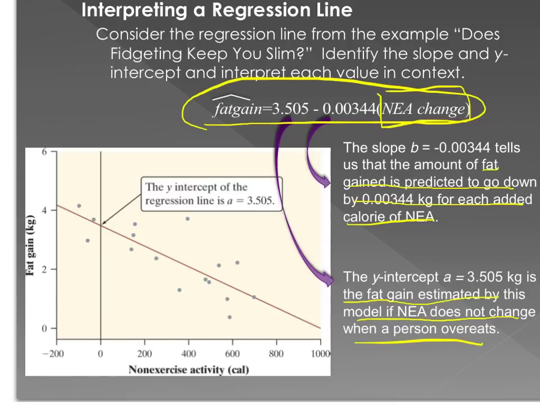And in this case, I think the y-intercept actually seems to make sense. If I don't exercise, then I'm going to gain weight, gain fat. So that does make sense. Not always does it make sense, but in this situation it does. So again, you need to practice interpreting both the slope and the y-intercept within context. In other words, put it back into the scenario that was given to you.